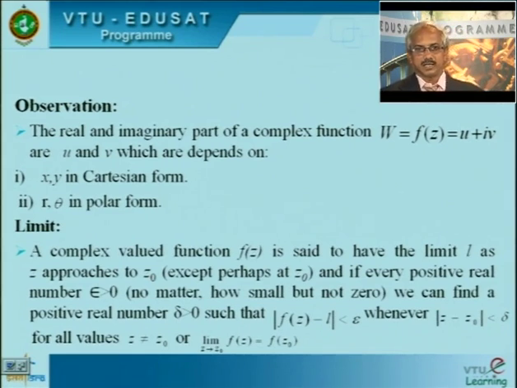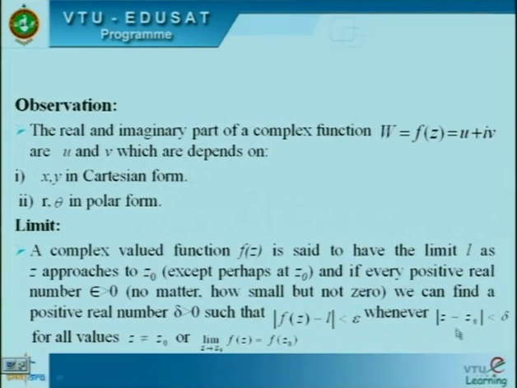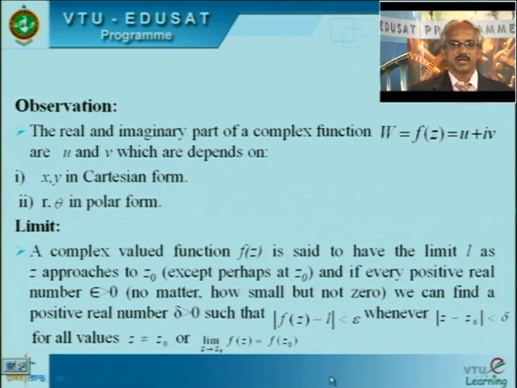That means as z approaches z naught in the z plane, we can find that the distance between f of z and L is as small as we like, f of z is as close to the value of L when z minus z naught is sufficiently small. In that situation, we have to see what except perhaps at z naught means, because the function f of z may not be defined at every point.